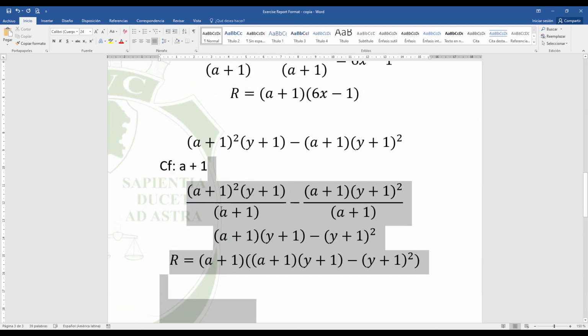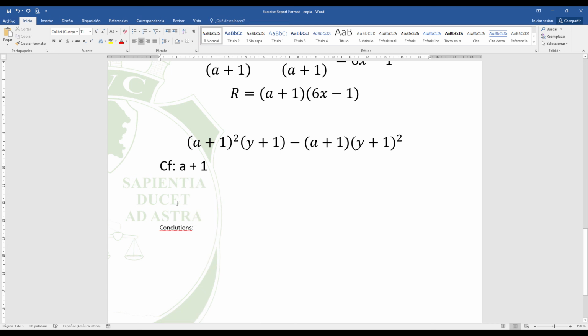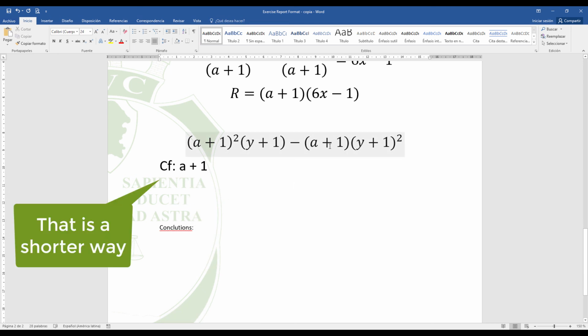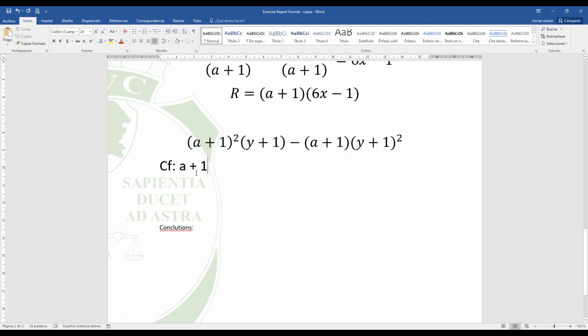So you check at the beginning of the exercise, you can see that the common factor is not only one polynomial. It can be two polynomials, the multiplication of two polynomials.